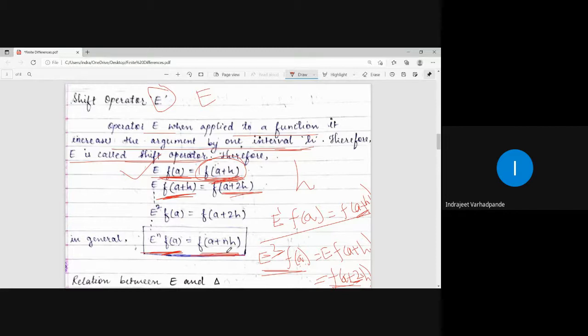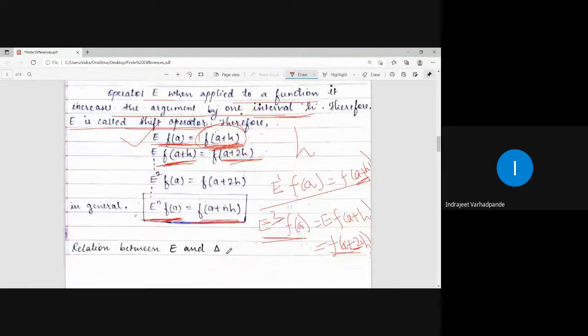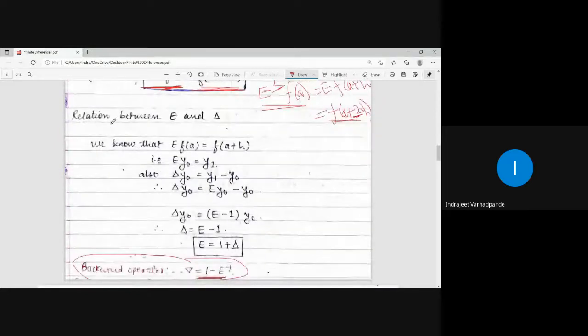So till now we have learnt about two different operators. One is delta and the other is E. So can we find the relation between the two? Yes, we can find the relation between the operators E and delta.